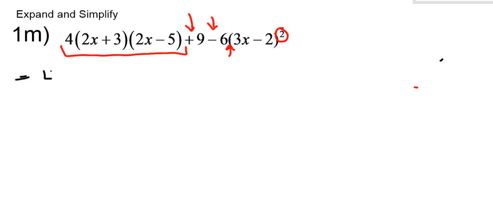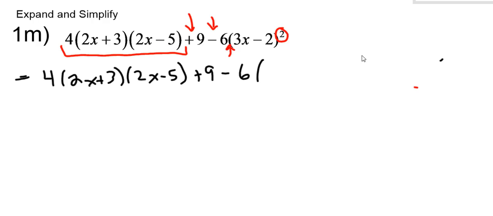But I'm going to completely do nothing other than square the binomial that has the exponent. Plus 9 minus 6. So again, when I square that binomial, I do it mentally. Square the first, double the product, so that would be -6, doubled is -12, and square the last is positive 4.